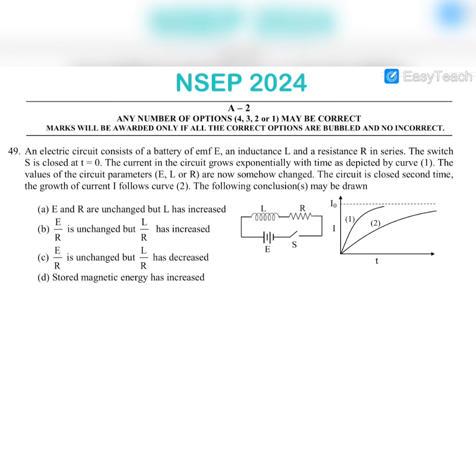So we can see that the peak value of these two curves is same, and we know that peak value I naught is E by R. So it could happen if E and R are unchanged or E by R is unchanged. In fact, E by R is unchanged, and both E and R could be unchanged.